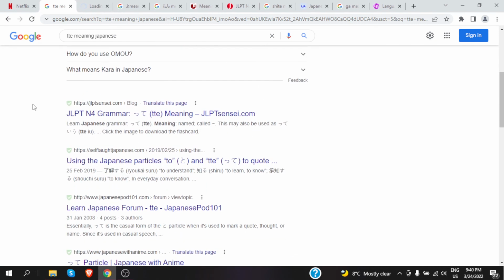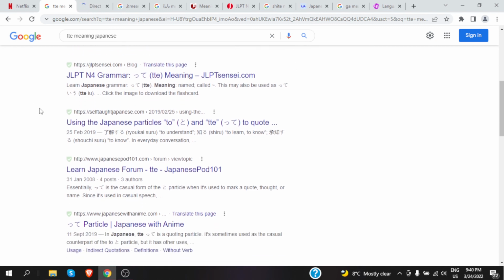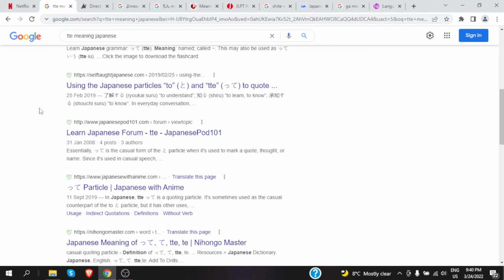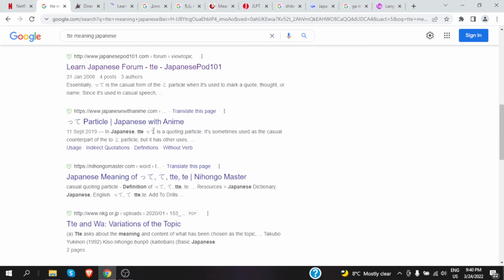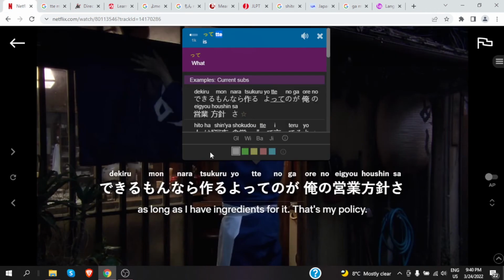Sure, it has something to do with something that a person said before. It's the casual form of something when it's used to mark a quote, thought, or name. It's a quoting particle, exactly. Sometimes used as the casual counterpart. Okay, so let's just remember that. You use it when you're referring back to what someone said. So back to what the customer ordered.